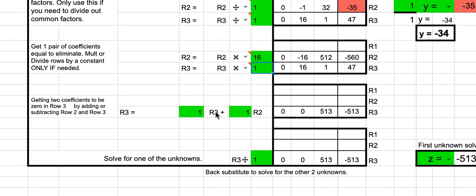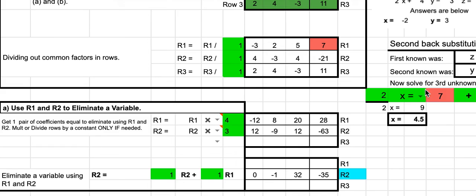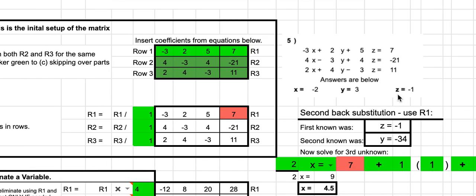Now I can add, and again, it's set up to add. So for this one, 0x, 0y, 513z equals negative 513. If I divide that entire row by 513, I end up with 1z equals negative 1. Let's double check and make sure z is negative 1 for this one as well. It is. And we would back substitute to get x and y.